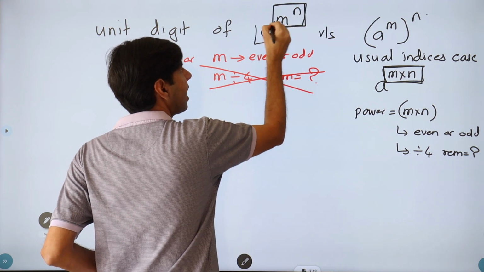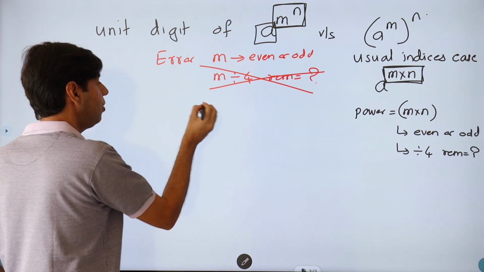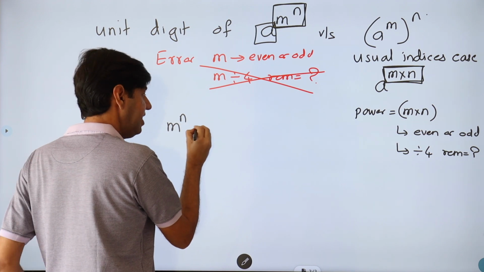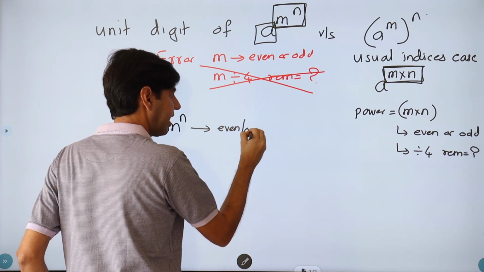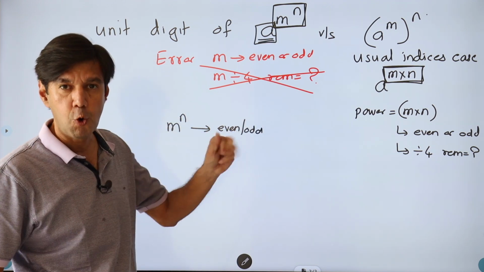So this is the kind of number that we have. We would have to check m raised to n. Is m raised to n even or odd, in the case of a having unit digit 4 or 9?